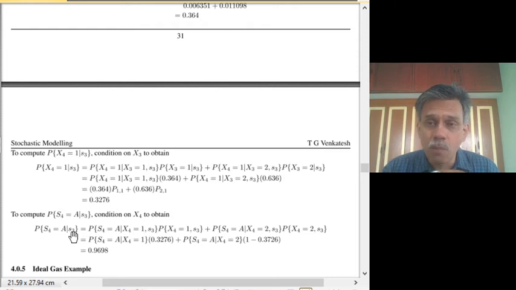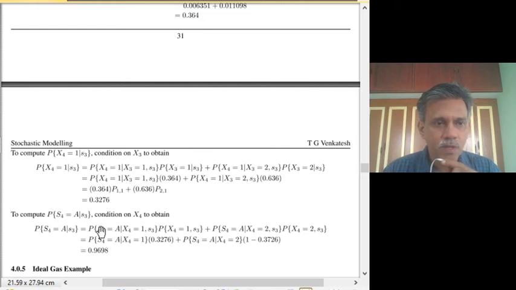But if you know about the state, then we can tell about the probability of producing an acceptable or unacceptable item. So what we can do is, probability of S4 equal to A given x4 equal to 1 is known, because in fourth time, if you are in good state, the probability of producing an acceptable one can be figured out. So we have to make use of it.